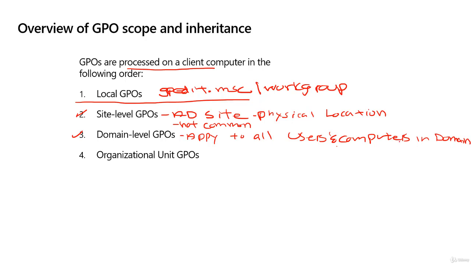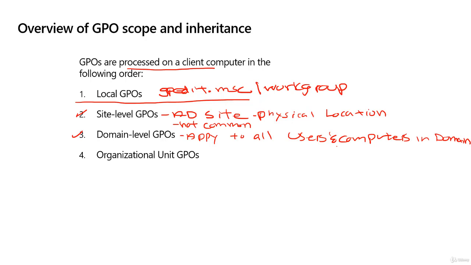If you think about this, there are not going to be a lot of settings that every single user in your company or within your domain actually needs. If you are the CEO, someone else is the IT director, and you just hired an administrative assistant this morning in your HR department, not a lot of settings are going to be so common that they need the same exact setting.